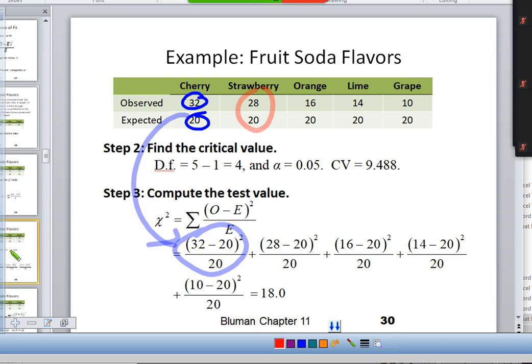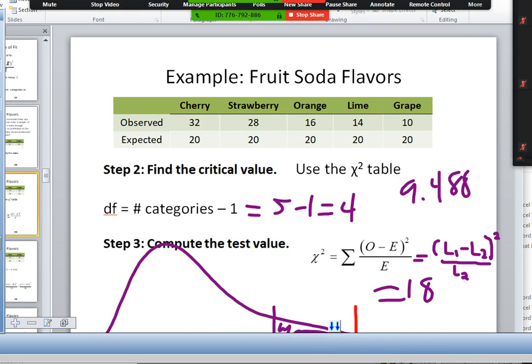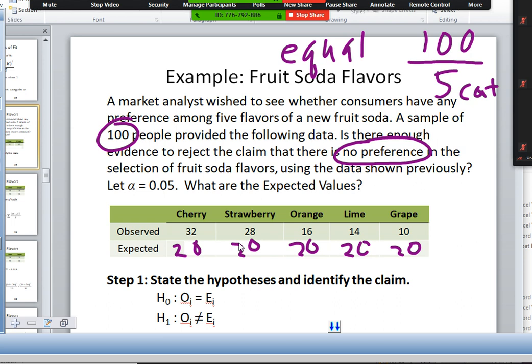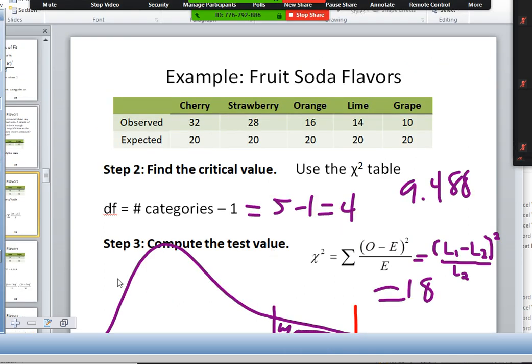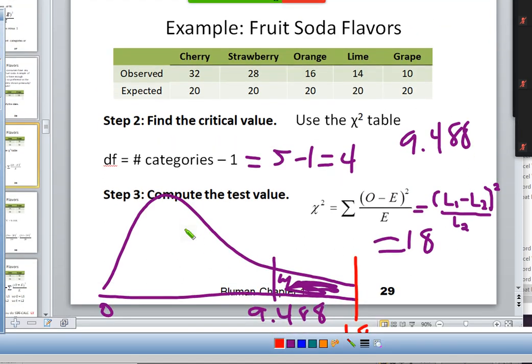Could you go back to step 1 for a second? Sure. It's the observed values equal the expected values. Oh, okay. Page 5 of each one. Yeah. Sure. And then step 2, again, find your critical value. Draw a picture.